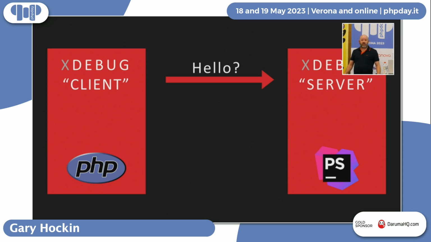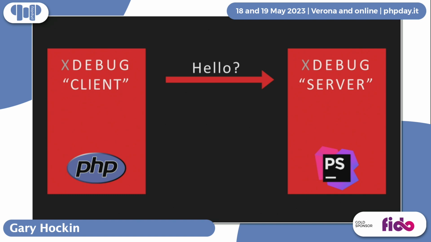So yeah, how does this actually work when we start? We've set the cookie using our little plugin. The client, PHP, will say, oh, I can see that there's supposed to be an Xdebug server listening for debug. Hello, are you there? And the server says, yep, I'm here, I'm listening. Here's a list of breakpoints that I want you to be aware of.